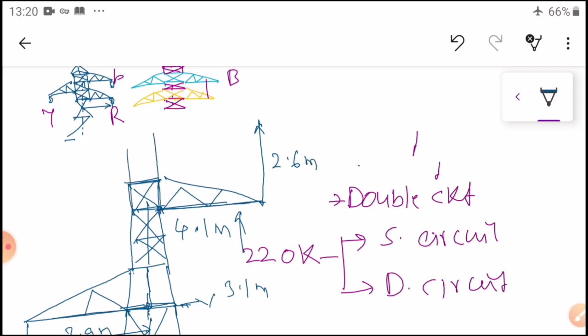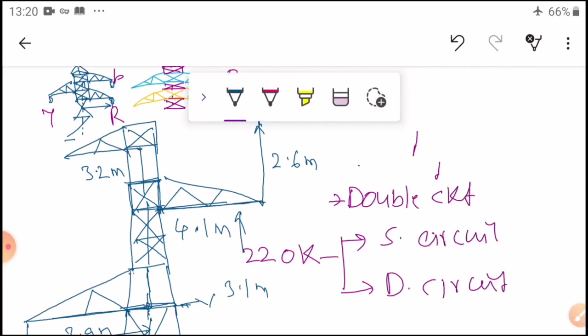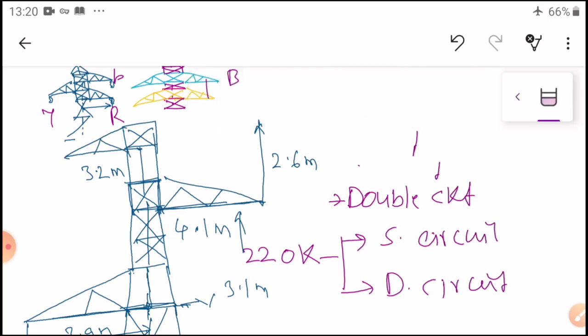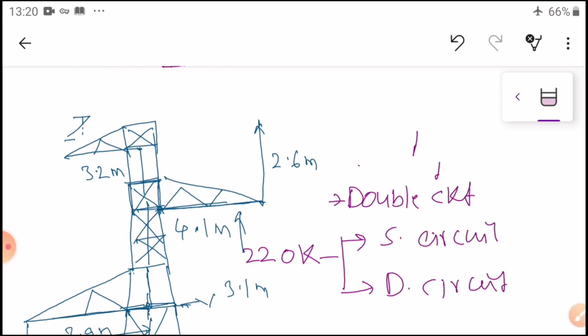Now take the length from this to this, equal to 3.2 meters, and take an appropriate place here, extend here. Remove this also. Now this length also we found.